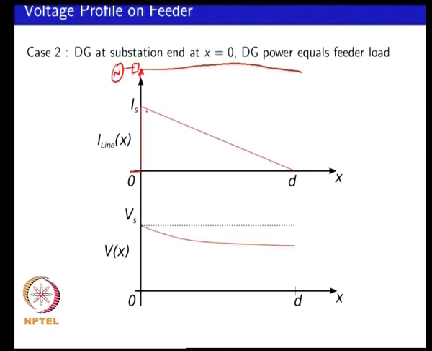So, you can see in this particular case the voltage profile would still be parabolic, but now you do not have a boost term at the substation, because the current that the operational sensors see at the substation would be 0, because the entire power is being provided by the DG, which means that the feeder end would see a reduced voltage compared to the case when there was no DG.